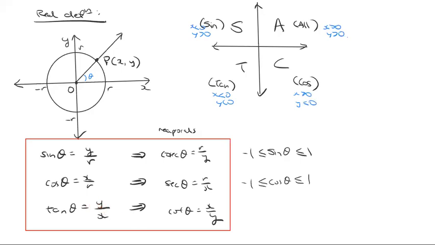I get it. And it would also give you your identities. So we know that sine squared theta plus cos squared theta equals 1. And you can prove it by using the definition and Pythagoras' theorem. We've got 1 plus tan squared theta equals sec squared. You've got 1 plus cot squared theta equals cosec squared.